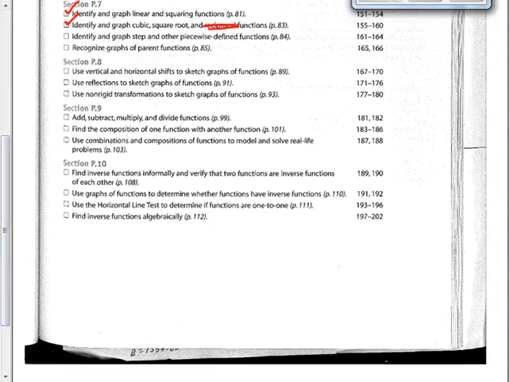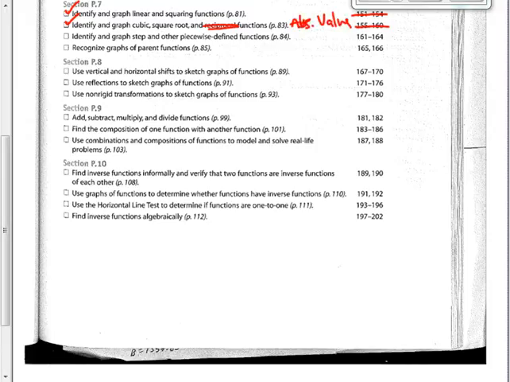The example problems here for P7, we didn't actually do any of the problems in this section, so you need to refer to your notes to understand or to be able to actually just identify the linear, quadratic, cubic, square root, and we added the absolute value graph in here.